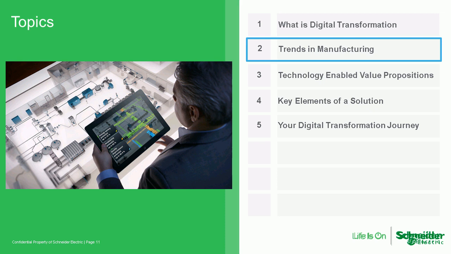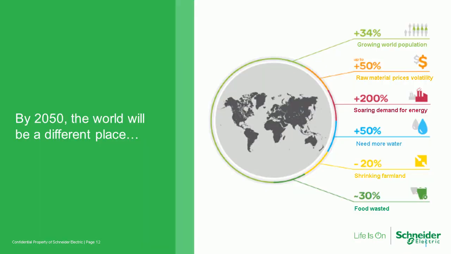So that's how we define digital transformation. Looking at some of the trends in manufacturing today, and I like this slide because it's a little startling. By 2050, which seems a long way out, the world's going to be a very different place. If you look at demands for water, there'll be a 50% increase in the need for water.